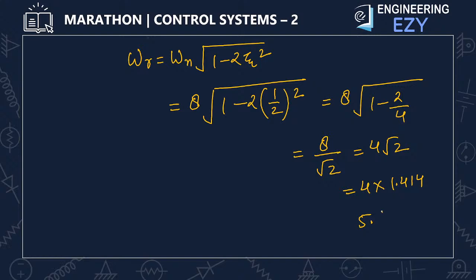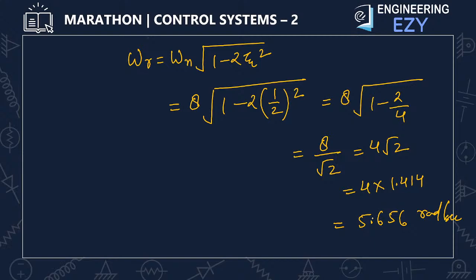So it is 5.656 radian per second. So the correct answer is 4 root 2, and if you put the value of root 2 as 1.414, you get 5.656.